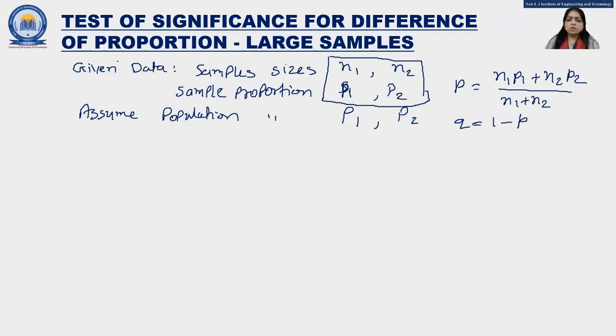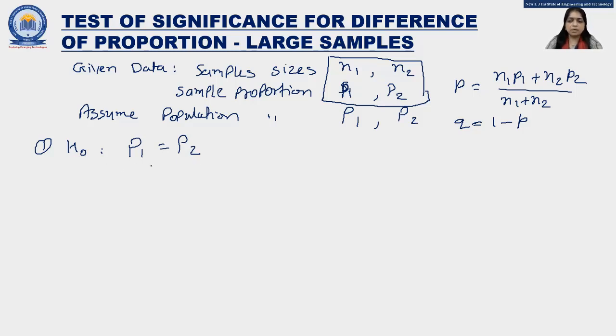Okay, so here let's start the working rule for solution of this kind of example, and the first rule is, as usual, we have to assume null hypothesis H0, and that is H0: P1 equal to P2. What does it mean? Here, the population proportions are equal.